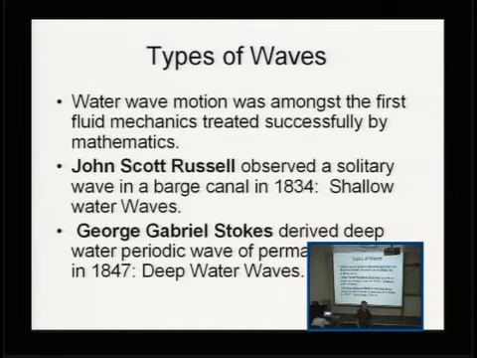The people really did not believe him, such as Stokes. As a result, even though he was a fellow of the Royal Society, he never got any paper published in the Royal Society, even to his death, because George Stokes said the wave he described was not possible.